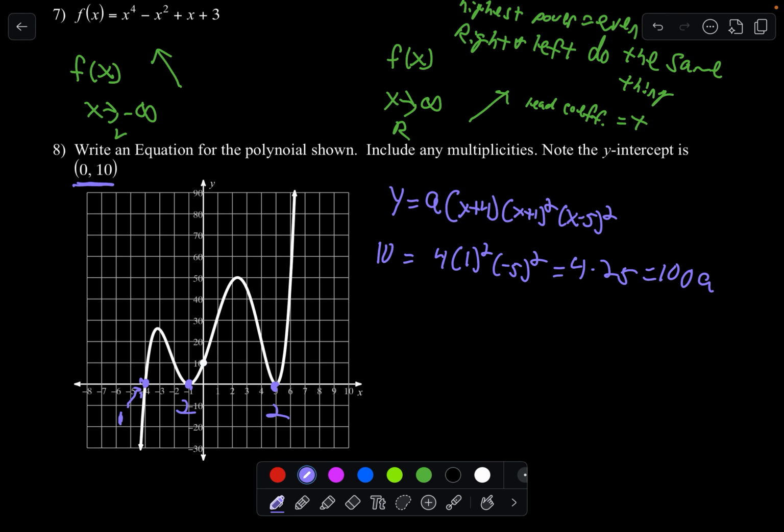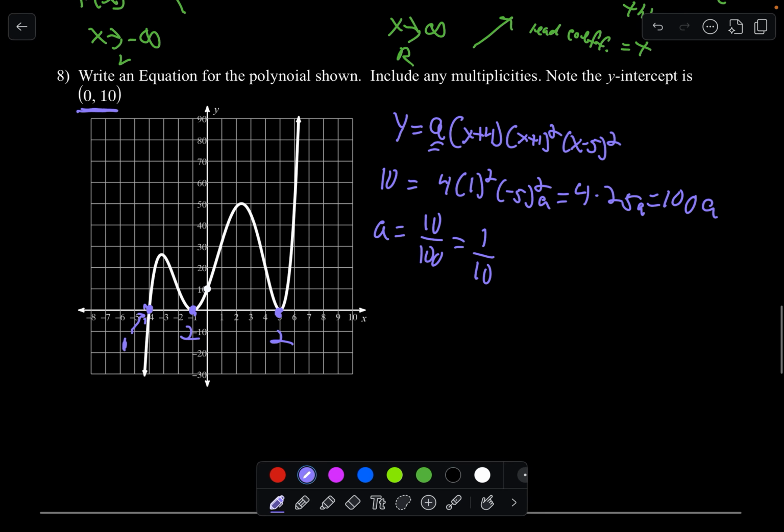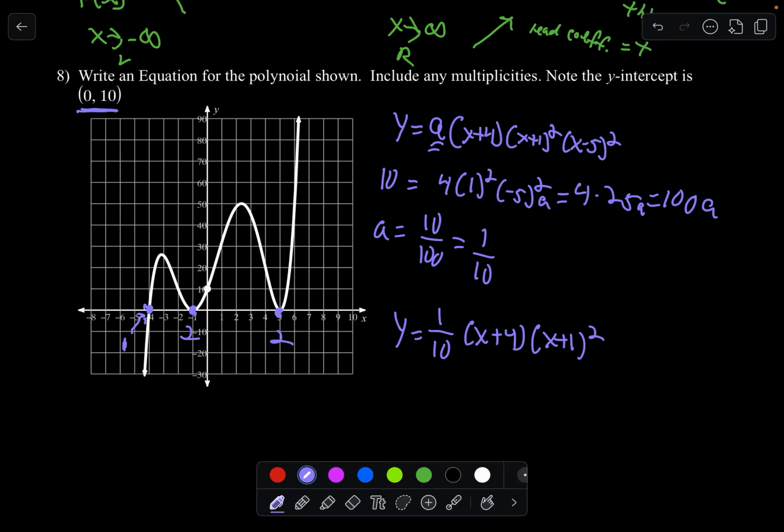A. All right? There's this a still multiplying it. Okay? So a equals 10 over 100, which is 1/10. And then you just replace a with 1/10, or you can say 0.1, and you have your unique equation for that polynomial.